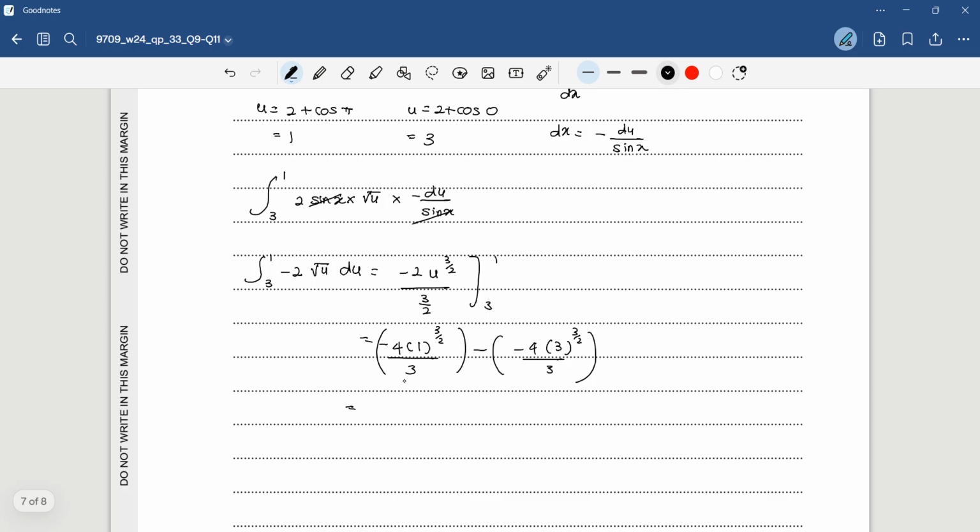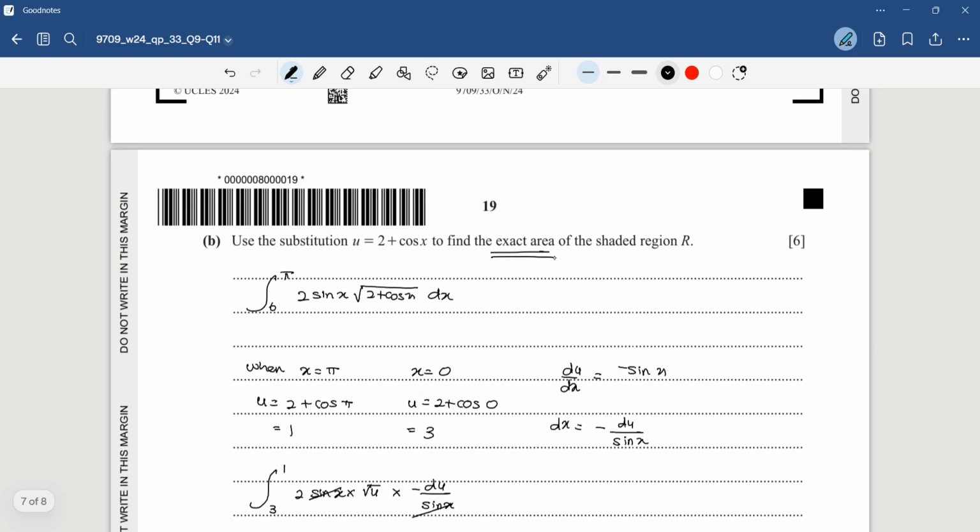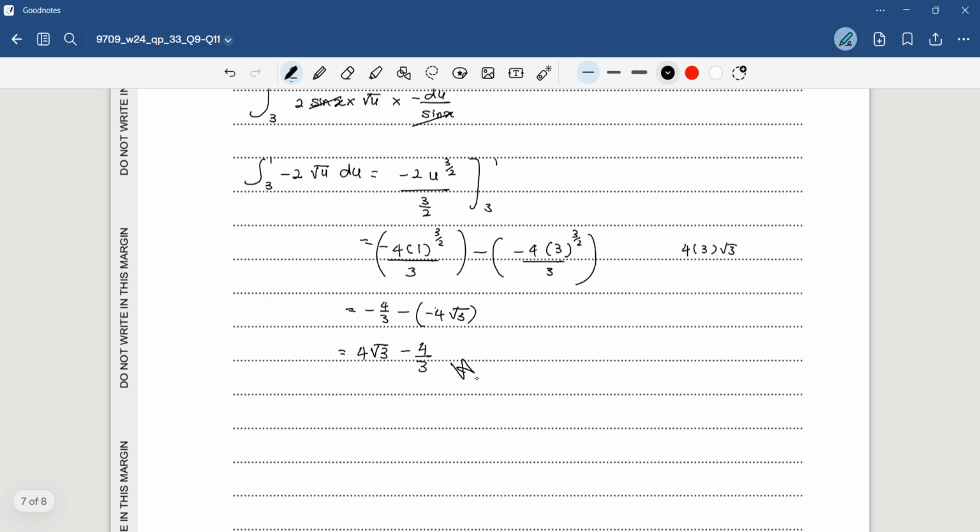Okay, so it's going to be negative 4 over 3 minus, and this one will be 4 times 3 root 3 over 3, so you can cancel. So it's going to be 4 root 3 minus 4 over 3. Since the question asks you for exact form, make sure you give the exact form. Okay, so that's all from me.